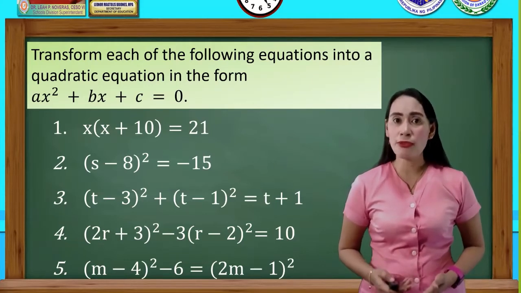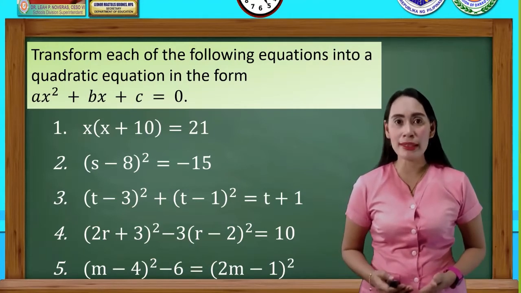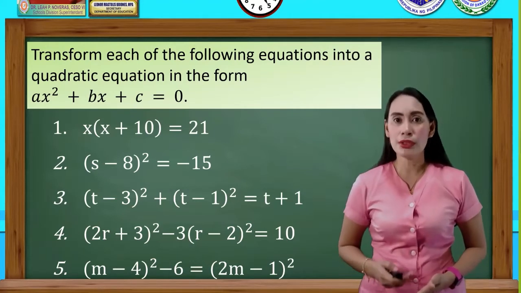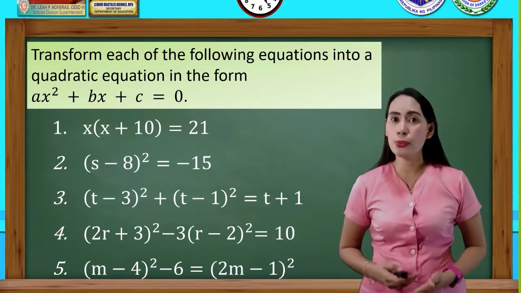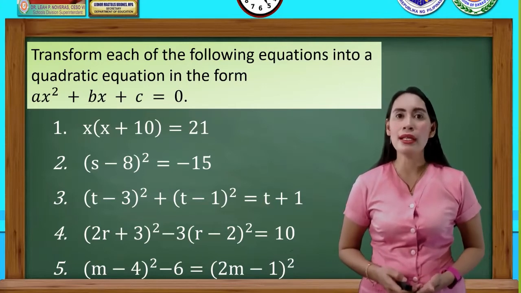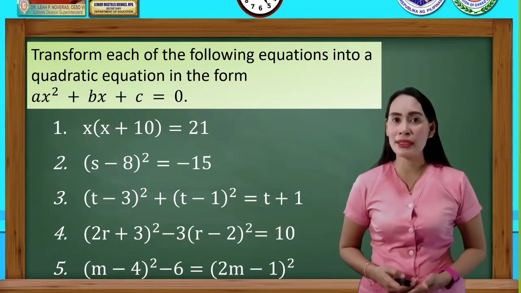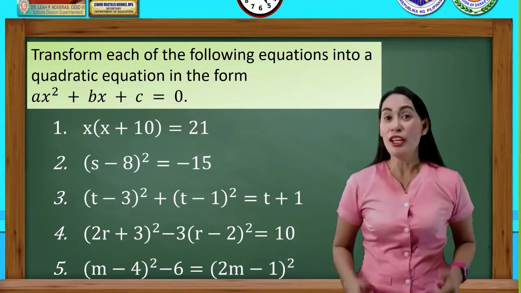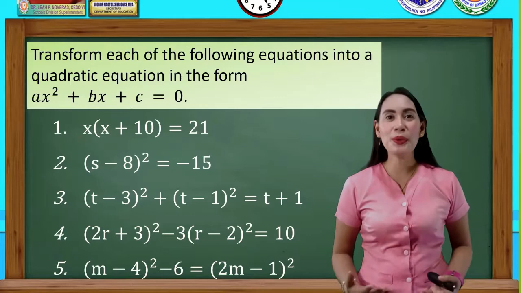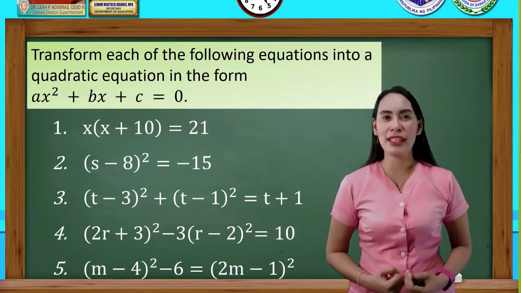So, in transforming these equations, we need to examine first each equation to determine the best approach to be used in transforming these equations into a quadratic equation of the form ax squared plus bx plus c equals 0. Together, let us do the first activity.